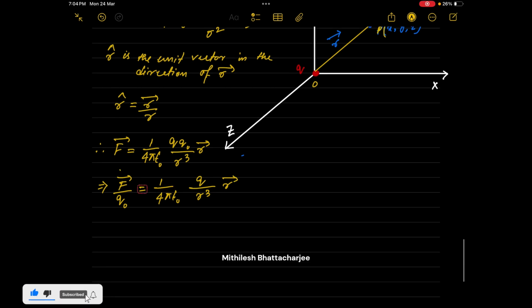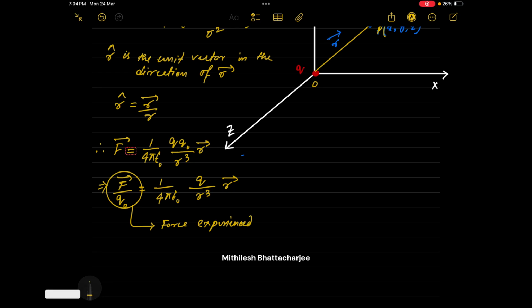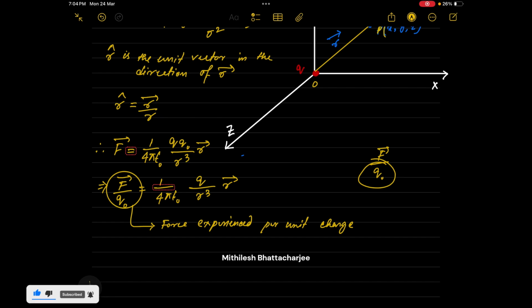Now see, this F vector by Q naught is the force experienced per unit charge, because Q naught is the test charge. And this equals the electric field strength.